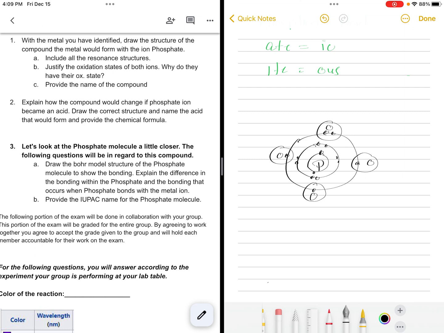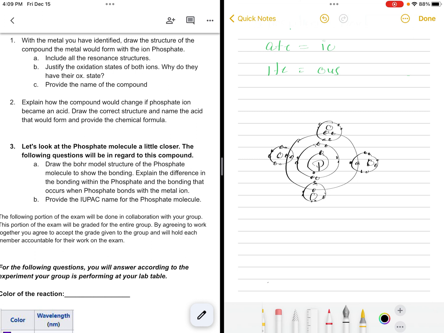Okay. What you needed to show me was just that these electrons are being bonded. Show me the double bonds, show me the single bonds, and that was it. That was all you had to do for the Bohr model, right?